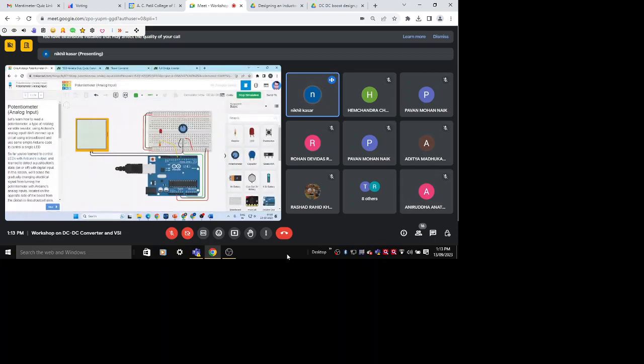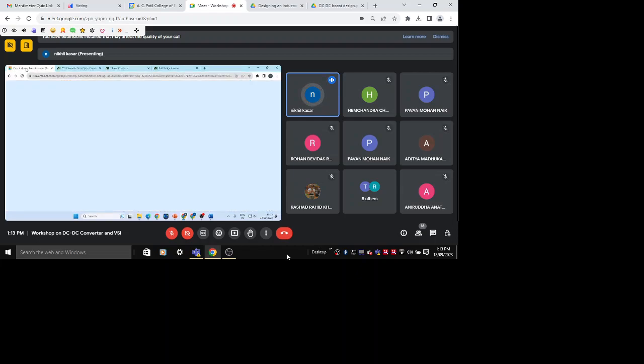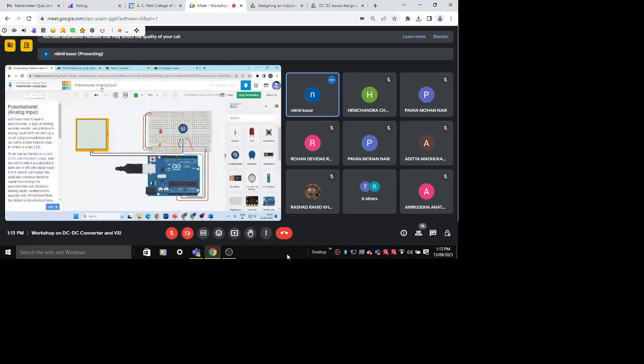You have to connect a gate driver circuit, or you use any gate driver IC.